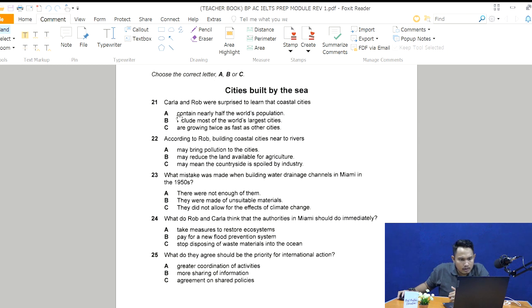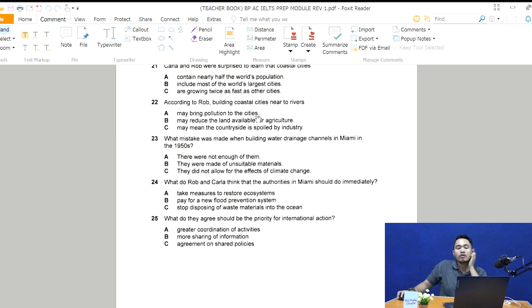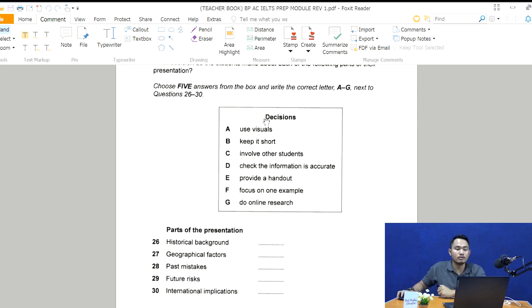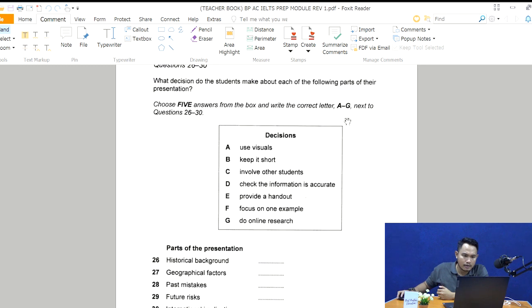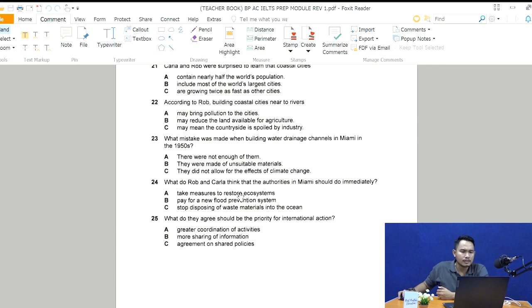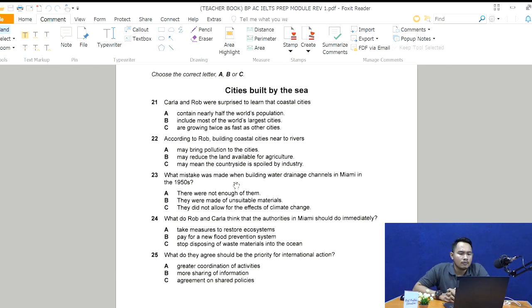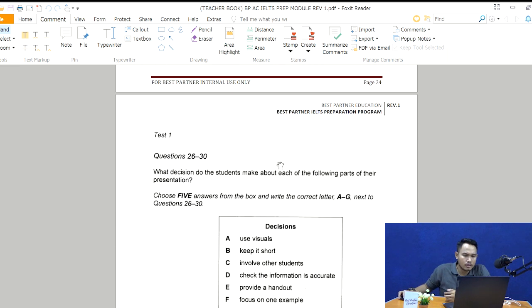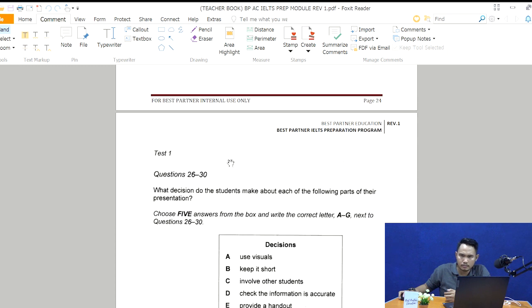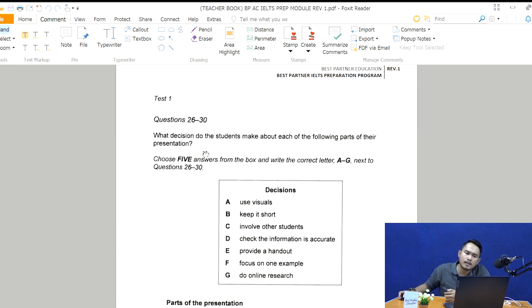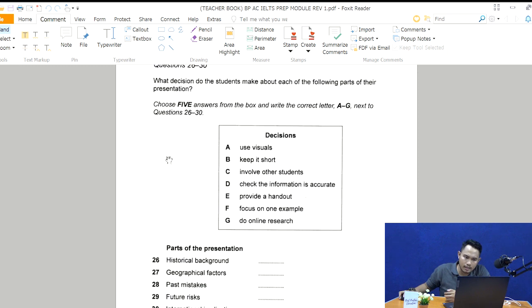The first part of section 3 is multiple choice, but we're going to skip that one, and we're going to focus on numbers 26 to 30, which is a type of matching answers. But first thing first, we need to see the instruction. What does the instruction say? We're going to focus on 26 to 30 because 21 to 25 before is multiple choice. For 26 to 30 here, as you can see, you need to match the answer.